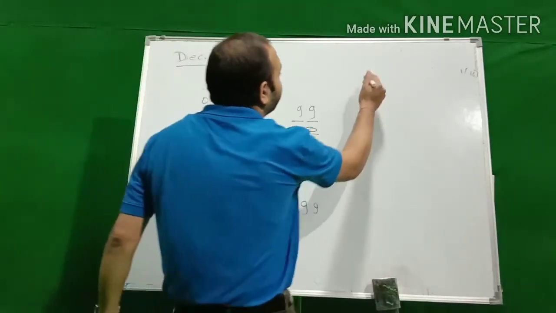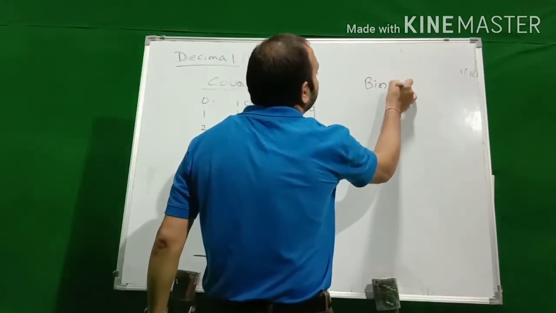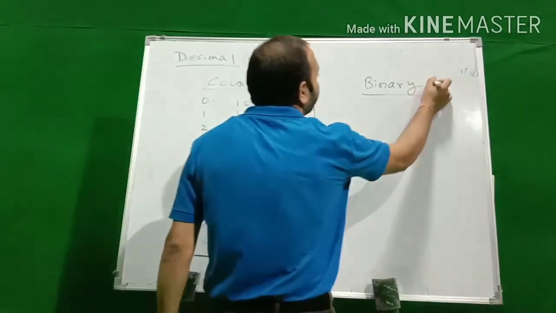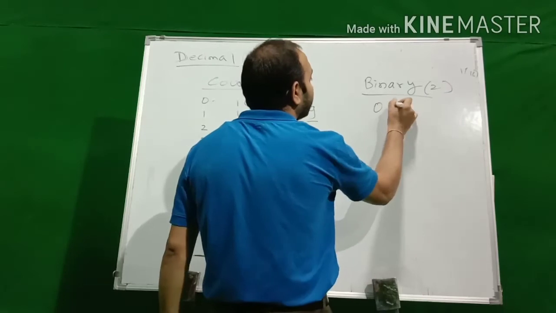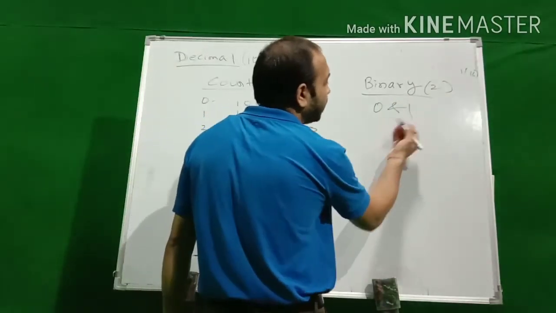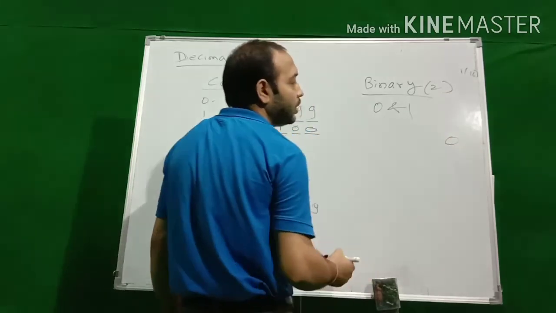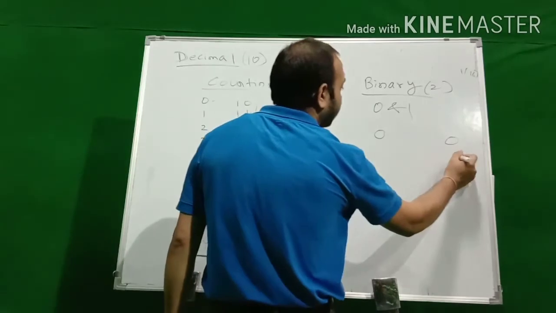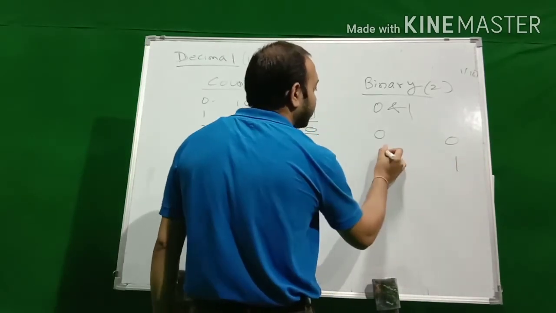So for example, if you write binary, in binary we have base 2 and we have only 0 and 1, only two numbers. So how do we do the counting? Suppose I want to write 0 in binary, simply we write 0. Then if you want to write 1, in binary we write simply 1.